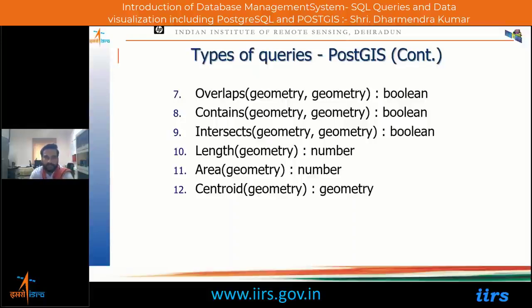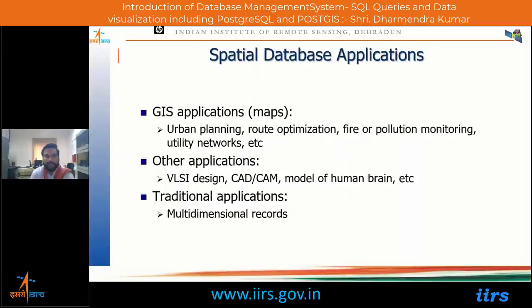Additionally, overlapping of geometry, whether the geometry is contained within another geometry, intersecting with another geometry, finding the length of the geometry, area of the geometry, and centroid of the geometry. These commands can be executed in PostGIS applications. Spatial database applications, GIS applications for finding maps, like urban planning, route optimization, fire or pollution monitoring, utility networks.